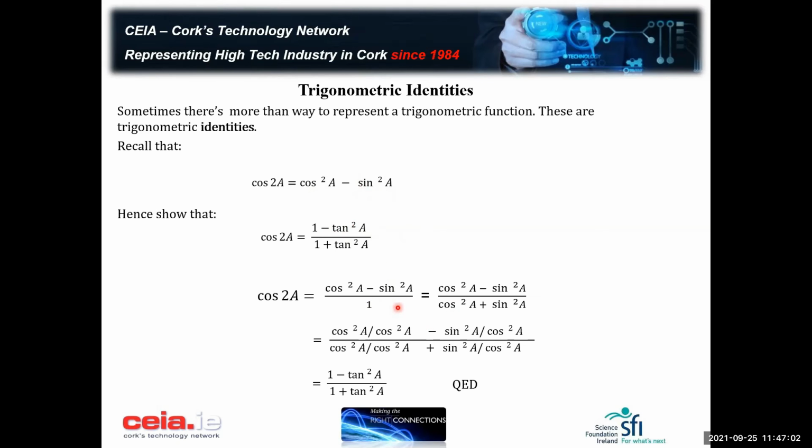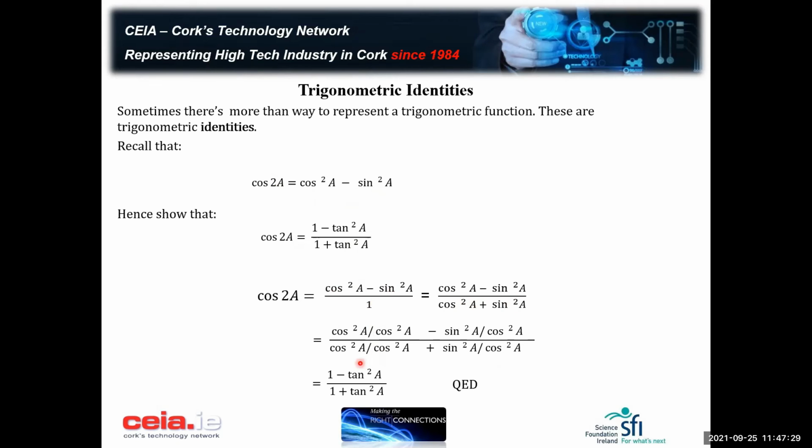A common trick in trig identities is to convert between cosine squared plus sine squared and 1. And that's the trick you need to do in this case. So you start with your original formula for cos 2A. You write it as itself over 1, and then replace the 1 by cos squared plus sine squared.